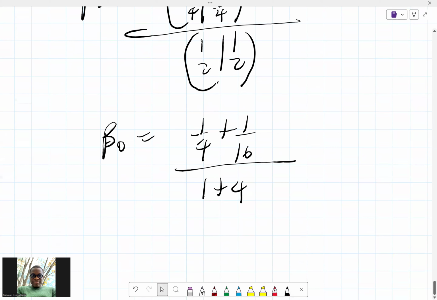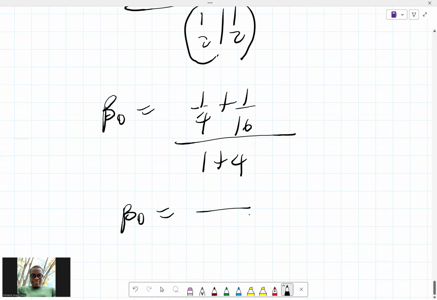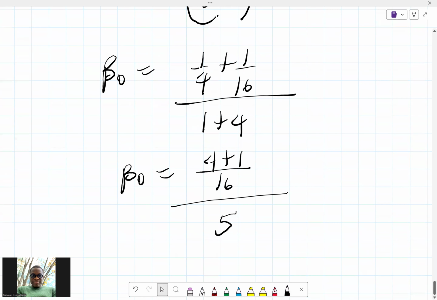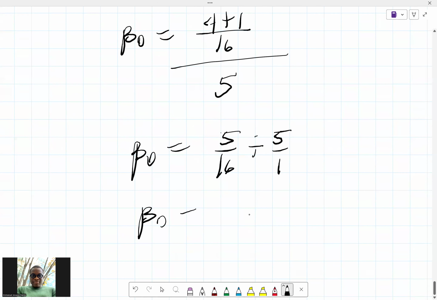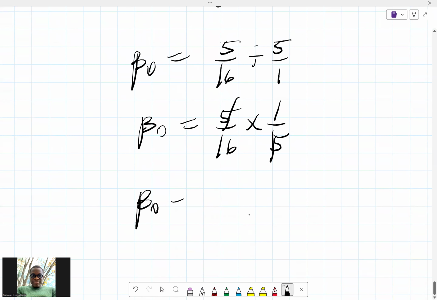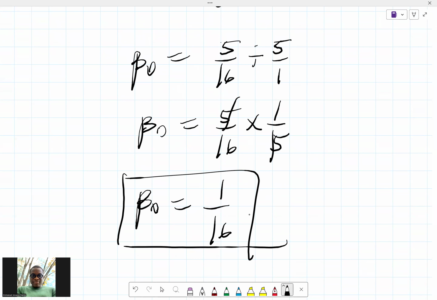That's 1 squared plus 2 squared. Okay, so beta naught is equal to, so the LCM of 4 and 16 is 16. So 4 over 16 plus 1 over 16, all over 5. Okay, 1 plus 4 is 5. So beta naught is equal to 5 over 16 divided by 5 over 1. So that beta naught is equal to 5 over 16 times 1 over 5. This cancels out. So the beta naught in this case is equal to 1 over 16. So this is beta naught right here.